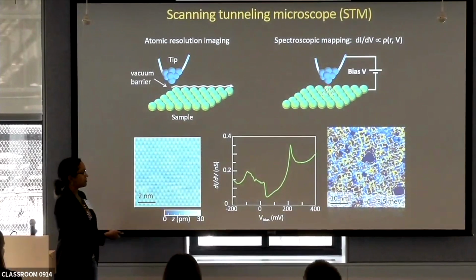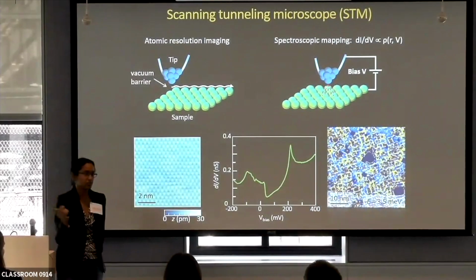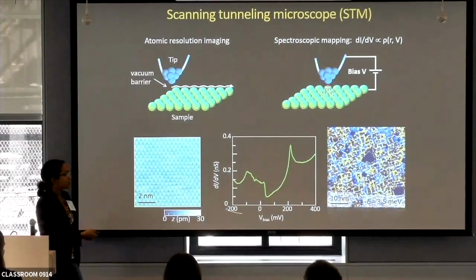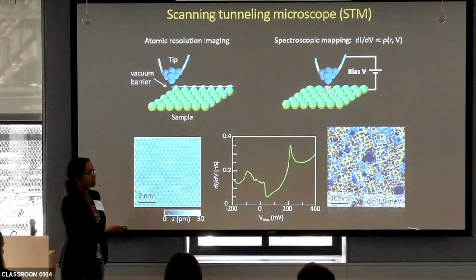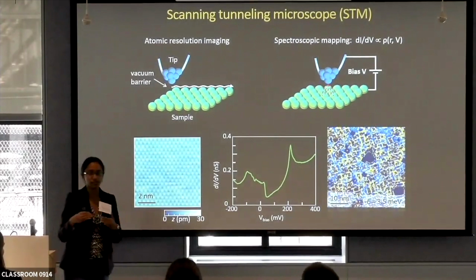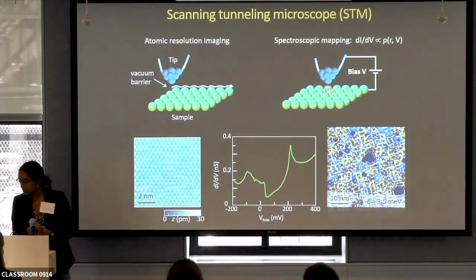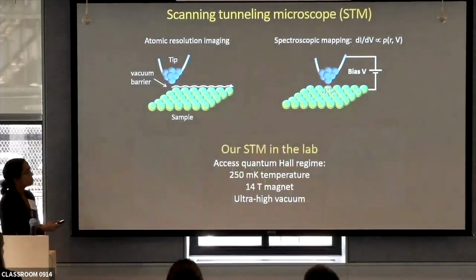So I'll be showing you data which looks like this, where we show tunneling conductance as a function of bias voltage between the tip and the sample, or energy. And this is just the local density of states at one point over a certain energy range. We can also perform spectroscopic mapping, where we fix the energy and look at how this tunneling conductance, dIdV, varies over a certain area of our sample. So these are the kinds of measurements that I'll be showing you.